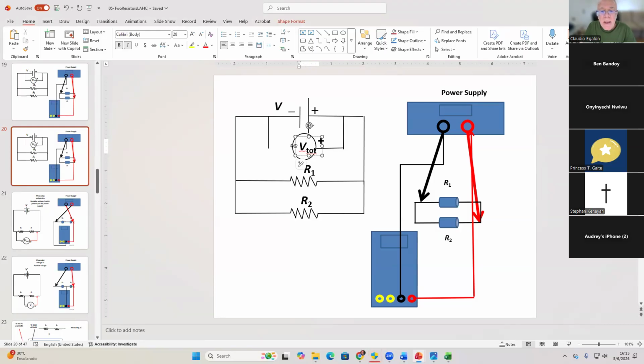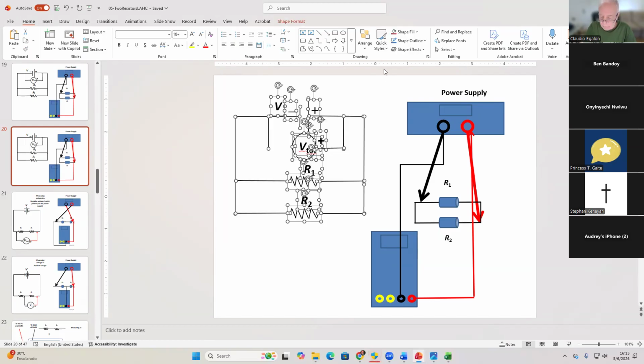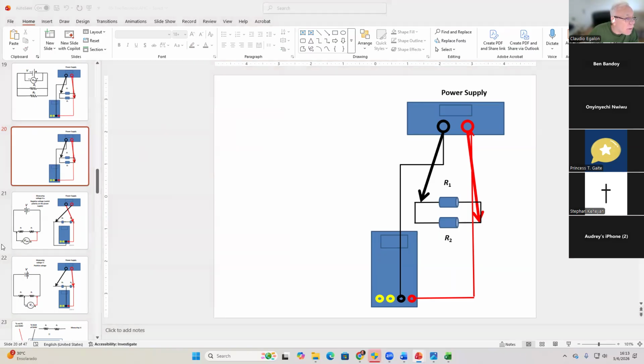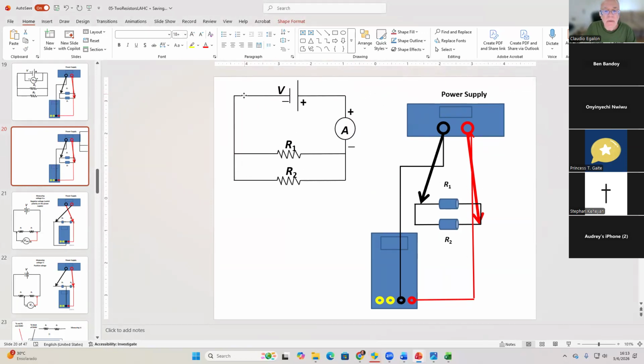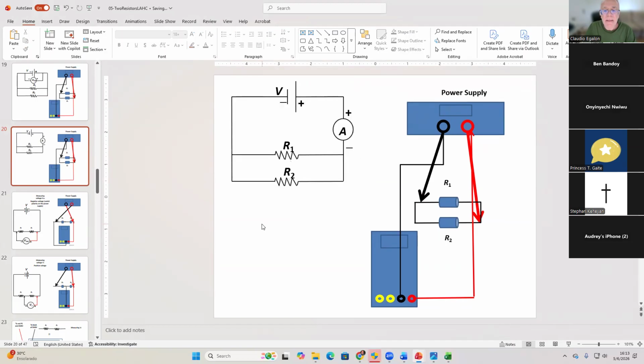I'm gonna need that. Even better, let me take out everything and I just get the other one that I have here. Here you go. That's how the schematic diagram looks like.